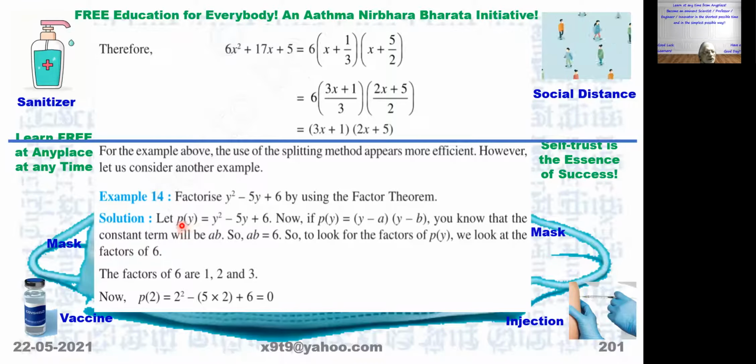So let P(y) be this given polynomial. Now, if this can be expressed as factors, it will be like (y minus a) and (y minus b). And the constant term, that product ab must be equal to 1 into 6, which is 6.